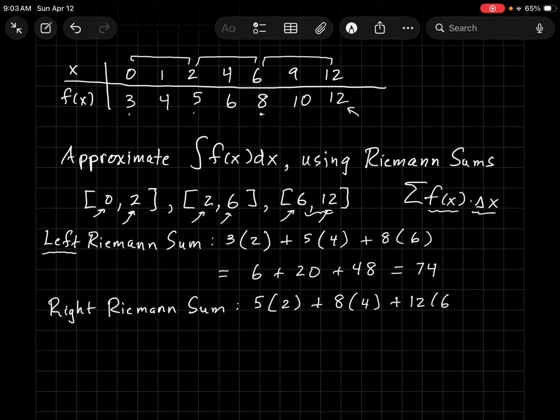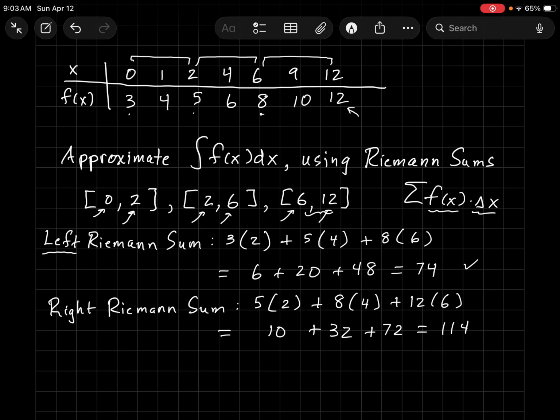Not times x, but times delta x. And if we add these all together, we get an approximate area of 114.